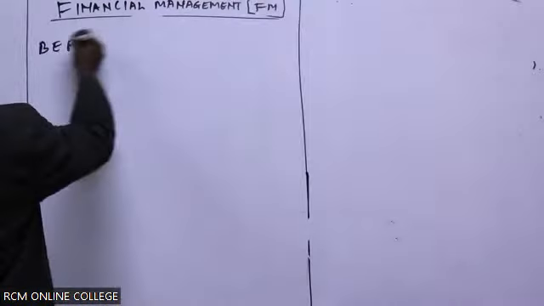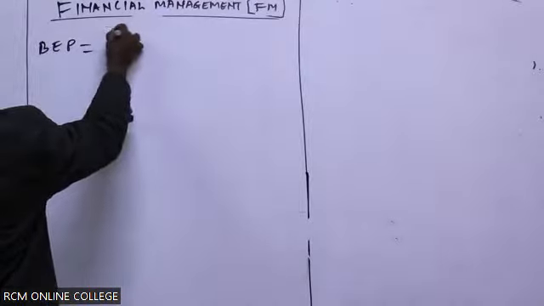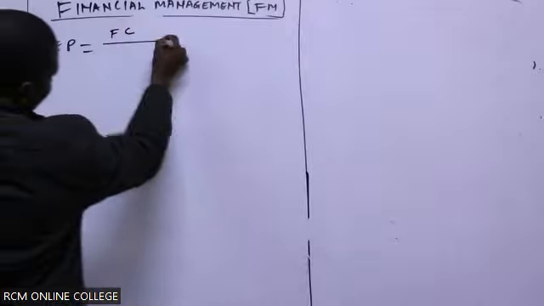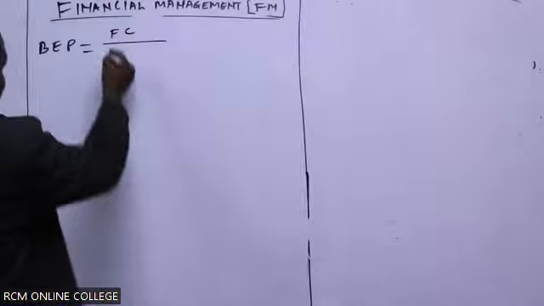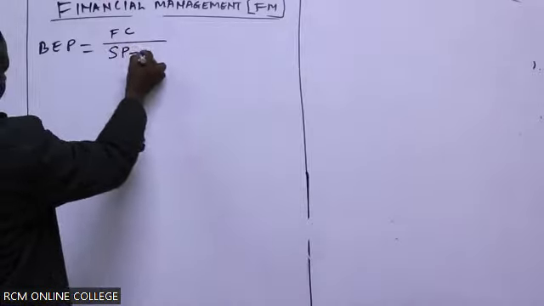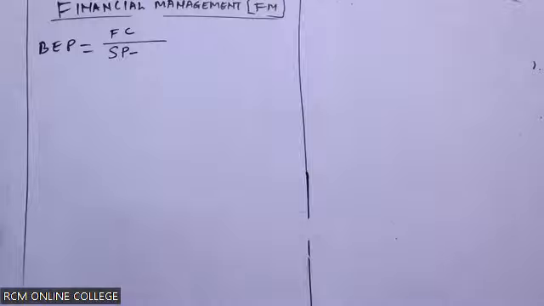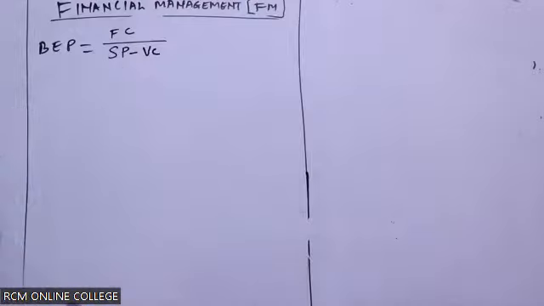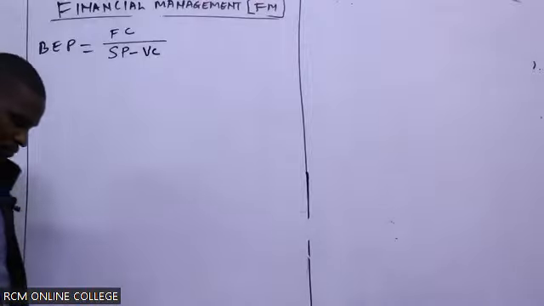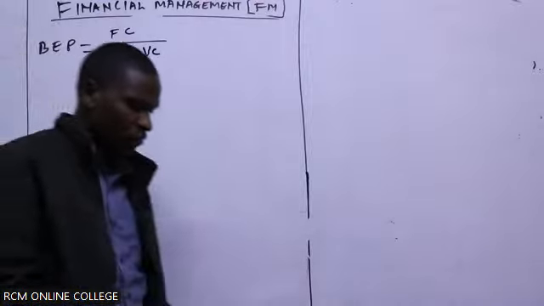You say it is given by fixed cost divided by whatever the examiner has given us here. You can see we have selling price minus the variable cost. Do we have variable cost? Yes, we have variable cost. So once you get that, you will be done with that.